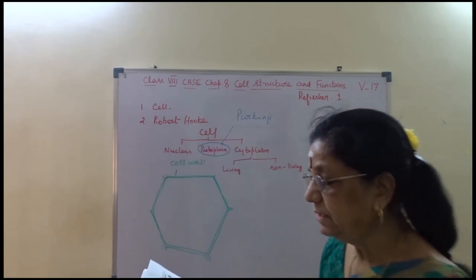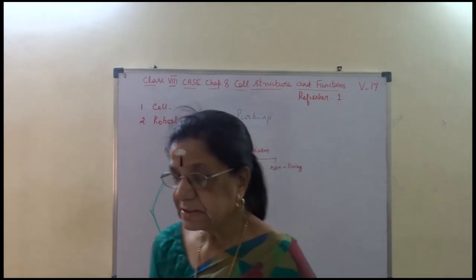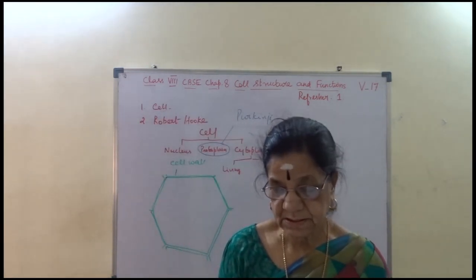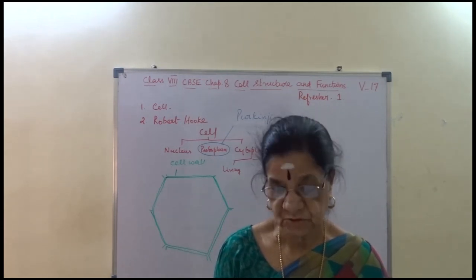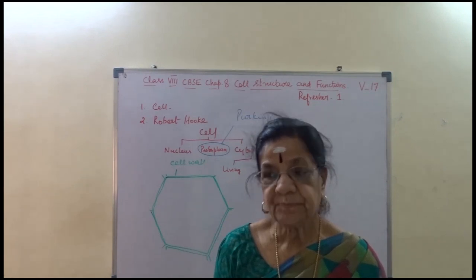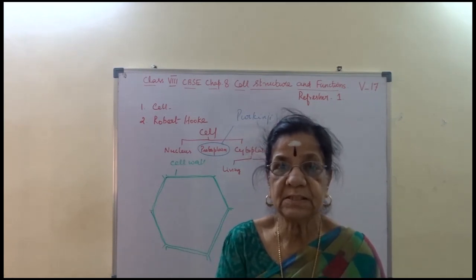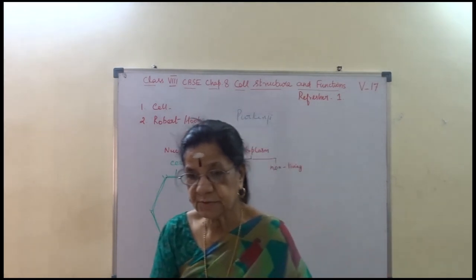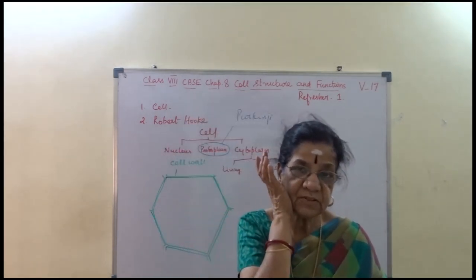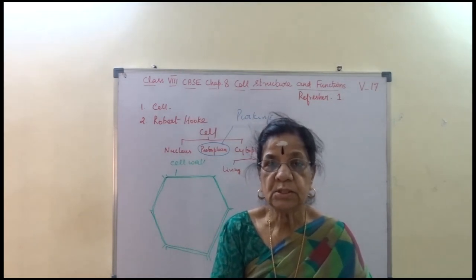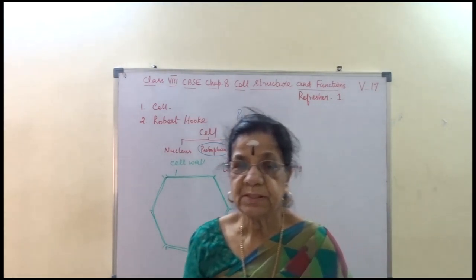See? The jelly-like substance present between the nucleus and the cell membrane is the cytoplasm. As I said, there is a difference in plant cell and animal cell. Plant cell has a definite size and shape with the rigid cell wall, whereas the cell wall is absent in the animal cell.